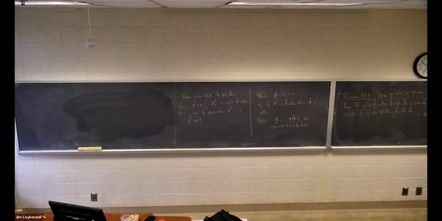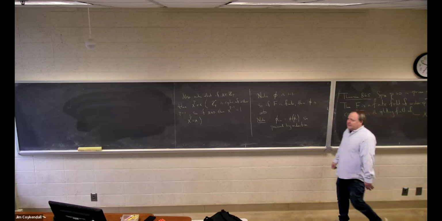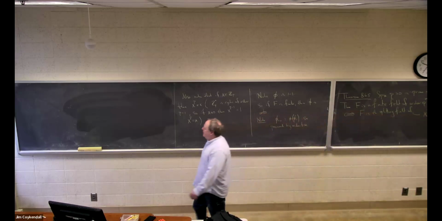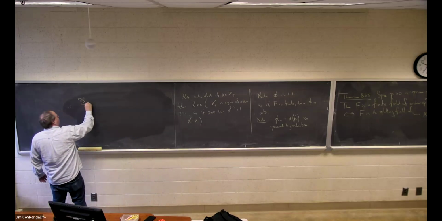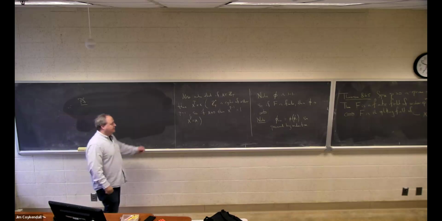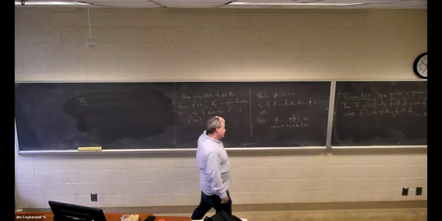I point this out because this polynomial has a lot of roots that are already in Z_p. In fact, everything in Z_p is already a root of this. Notice zero is a root of this, one is, and so forth and so on. So I'm not claiming that it's irreducible, but let me sketch it anyway.